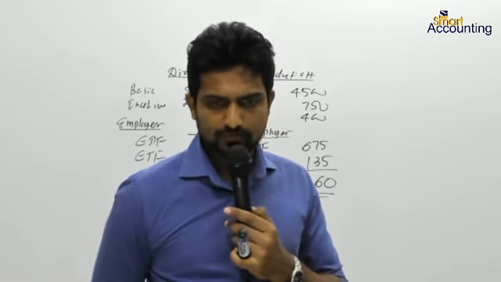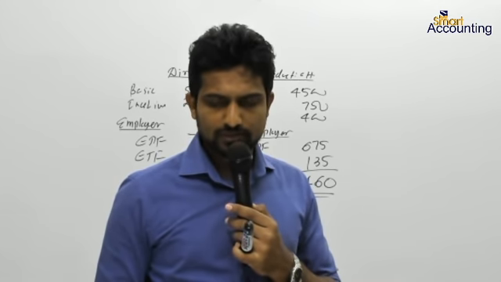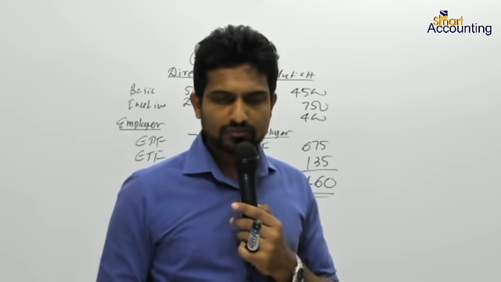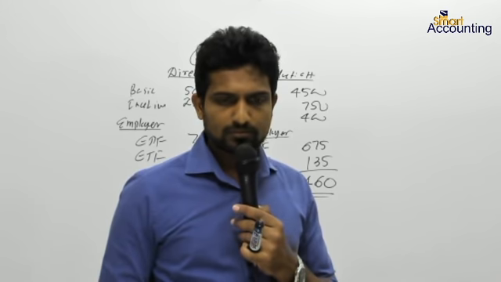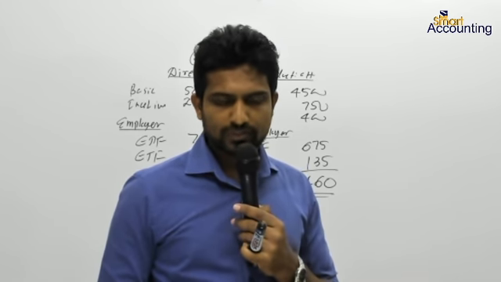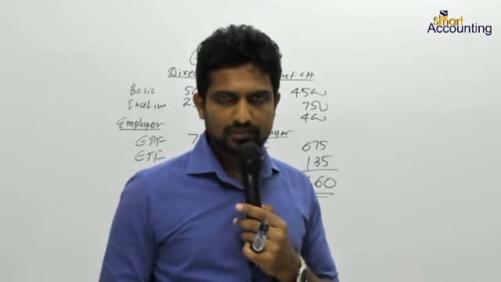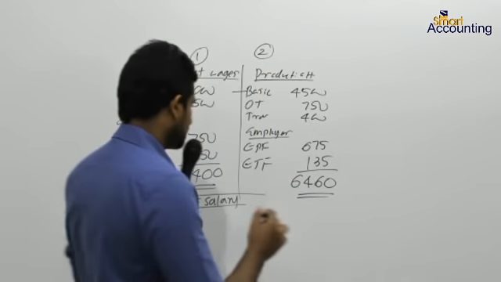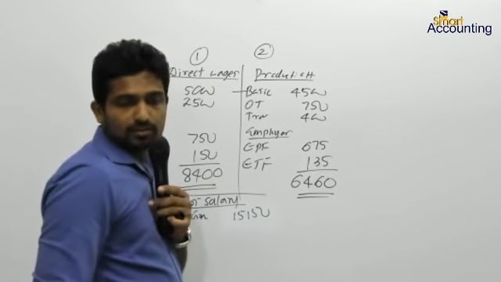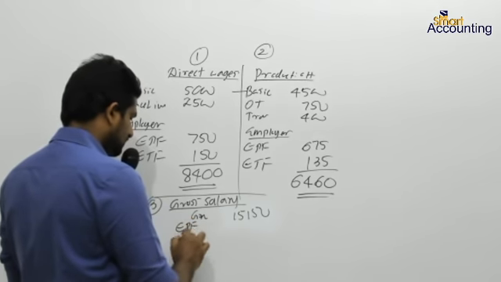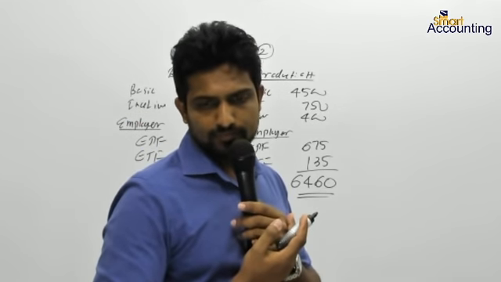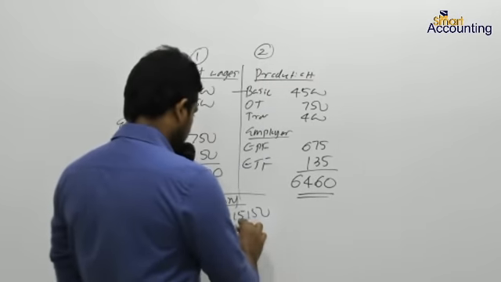7,750, 1,975. That's 2,000, 2,500, 2,500, 10,250, 14,450, 15,150. Is it 15,150? EPF and ETF all. 1,500.